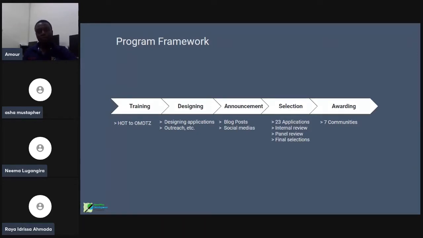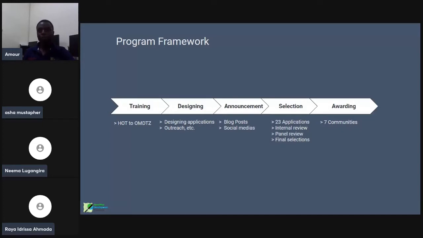Since, as OMDTZ, this is the first time we received a project like this. Mostly we do projects where we ourselves go to the field and conduct field mapping or different activities. But supporting other organizations is also new for us. It's the first project.